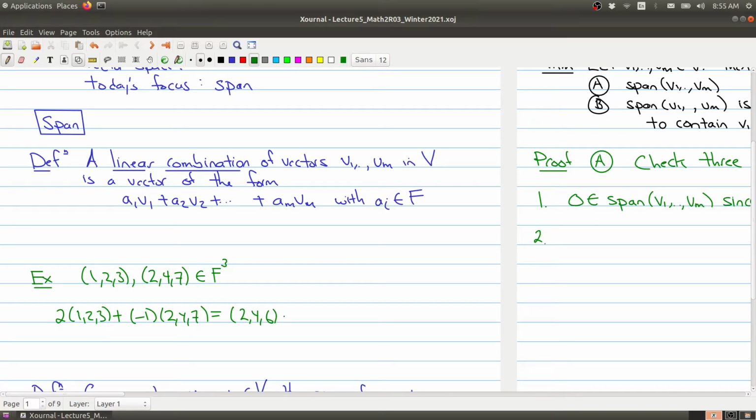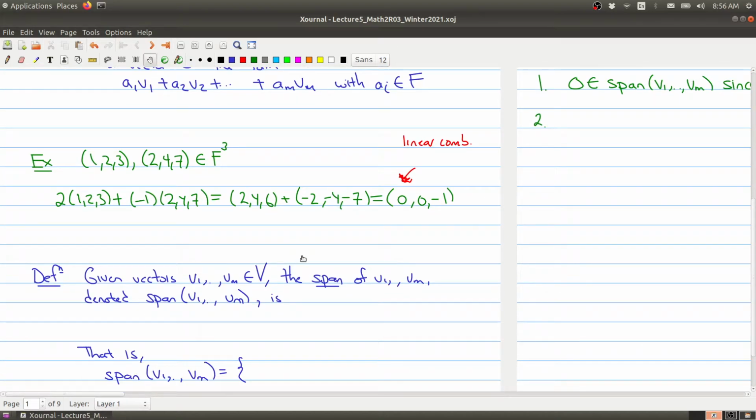Then multiplying the second vector by negative 1 gives me (-2, -4, -7). When I add these two vectors together, I get (0, 0, -1). So this is a linear combination of the first two vectors.